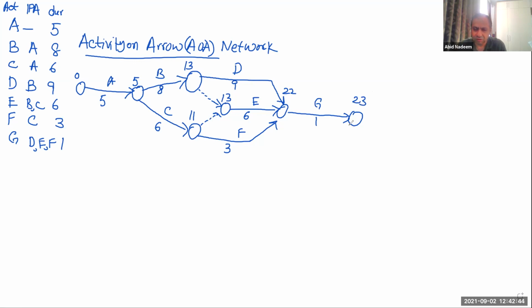Okay. So after that, we will do the backward pass. So 23, it will be 23. 23 minus 1, it will be 22. Okay. 22 minus 3 will be 19, and 22 minus 6 will be 16.